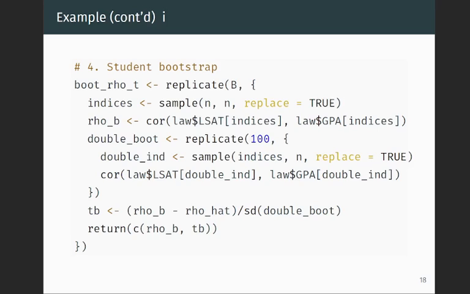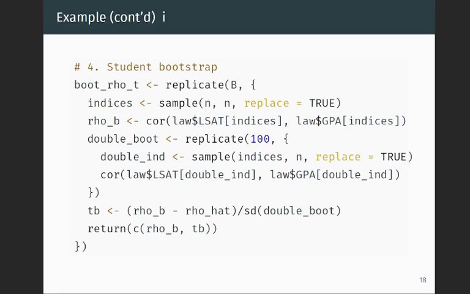Here I'm showing code to compute the student bootstrap. And you can see that it starts the same as what we've seen so far. So we have a replicate call, and then we're replicating b times a code block. And the code block starts the same. So first we sample indices using the sample function and replace equals true.